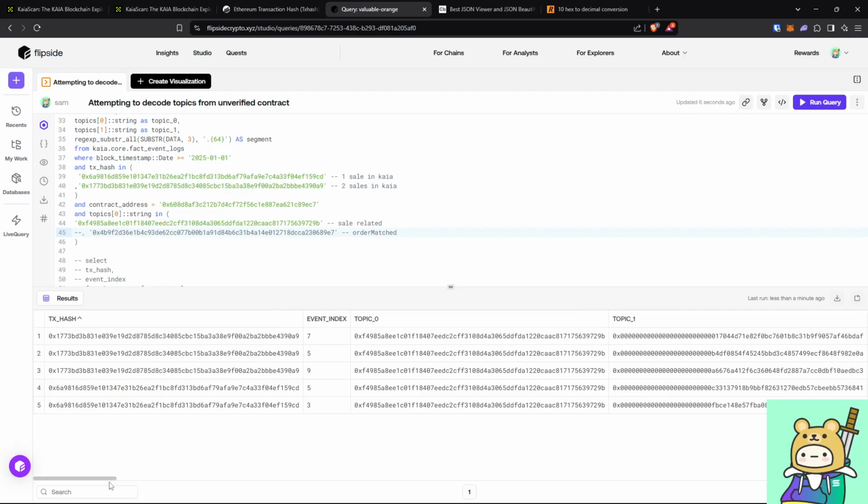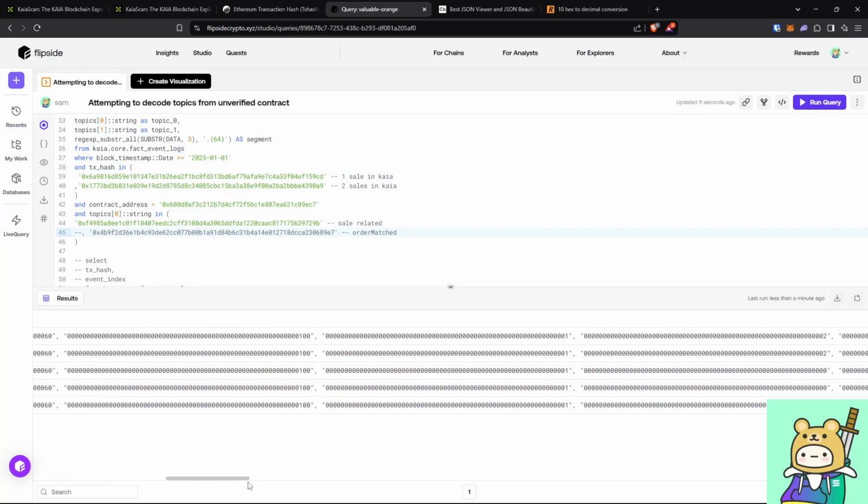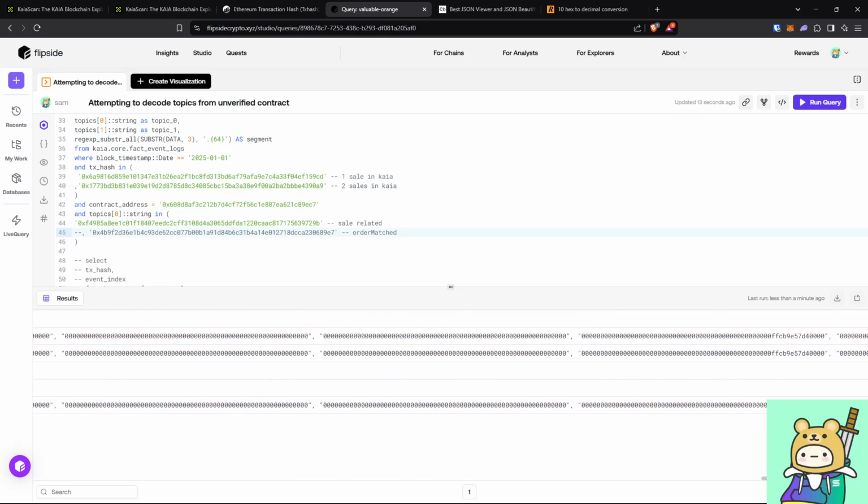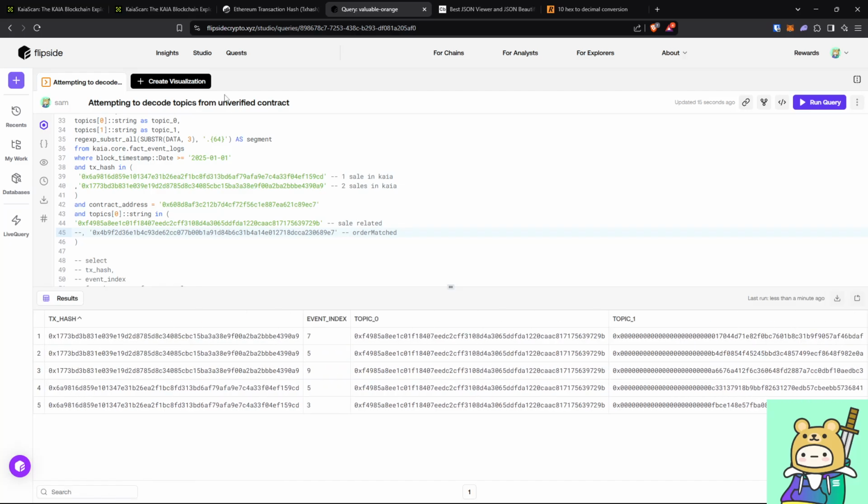I guess what's important here is that topic where it is the buyer, right? So topic 1 should be the buyer, and the buyer for this transaction is A667.